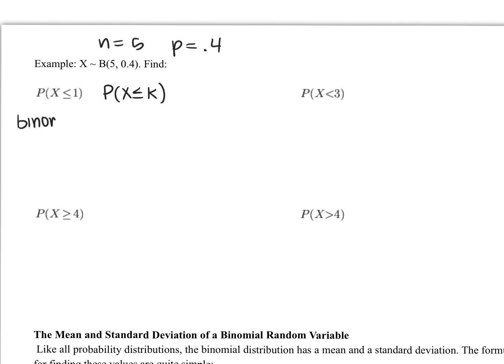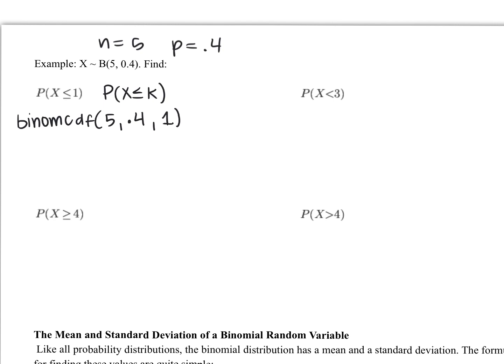So I'm going to go to binom CDF. My trials, or my n, is 5. My probability of success is 0.4. And k is the number after my inequality, which is 1. And then I hit enter. I'll go over the correct answer in a bit because I'm also going to talk about summation.